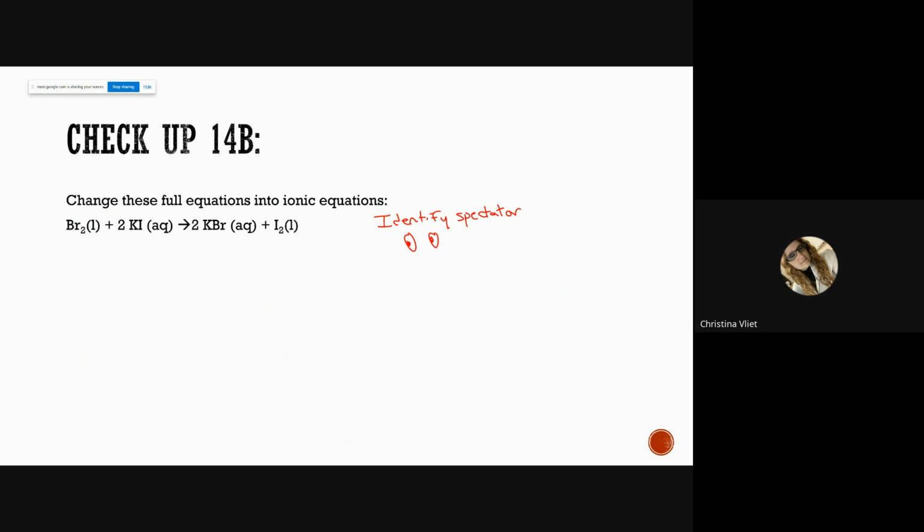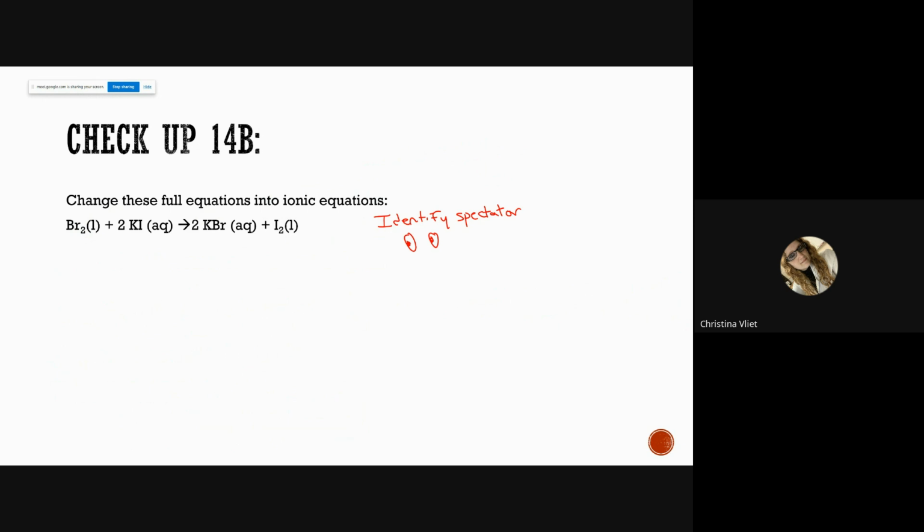Potassium. Why? Bromine goes from liquid to aqueous. So something's changing. Potassium starts aqueous and ends aqueous. It starts in water, it ends in water. Like a couch potato, it's just like it didn't move.